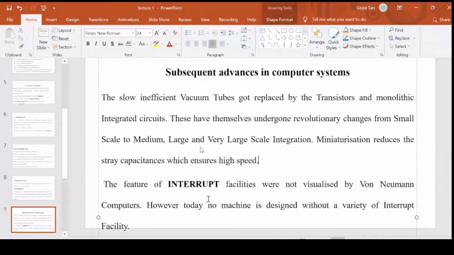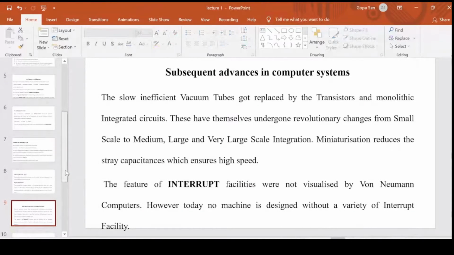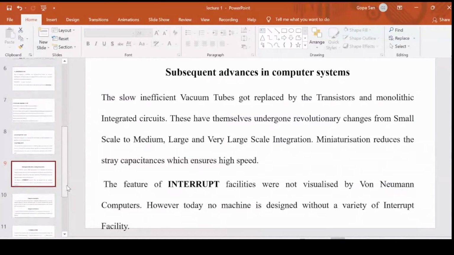But the von Neumann machine did not have the idea of interrupt facilities. Okay, so this is the basis of the development of the design of computers.